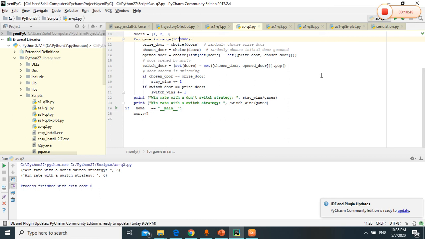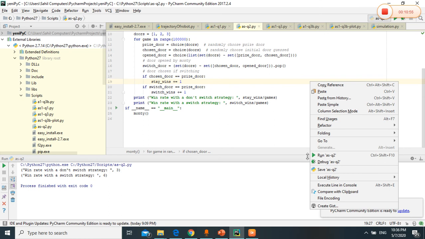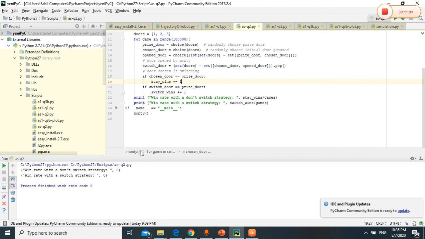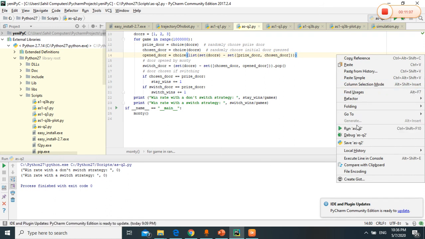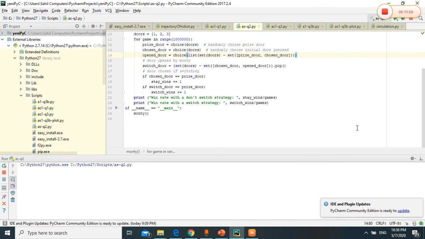For example, there is a little simulation code. After, let's say, 100,000 simulations, what will be our choice for the prize? We don't have that much time, so I will not be able to explain this code, but let's run it.